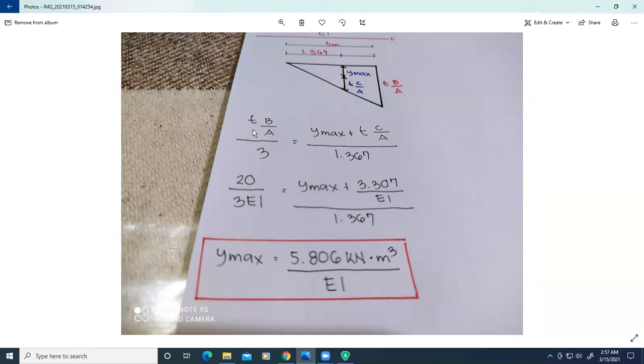So the deviation from A to B is 3 meters, while it is equal to maximum deflection plus the deviation from A to C over 1.367, the x value we solved earlier. So substituting all the values, maximum deflection will be 5.806 kilonewton meter cube over EI.